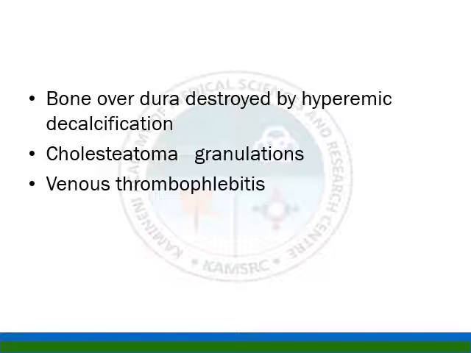The extradural abscess may be closely related to the dura of the middle and posterior cranial fossae. I mean, the dura may be of the middle or posterior cranial fossa, and you may have symptoms according to that.